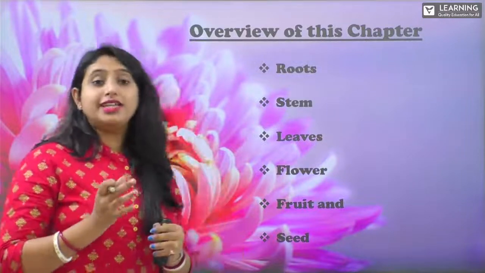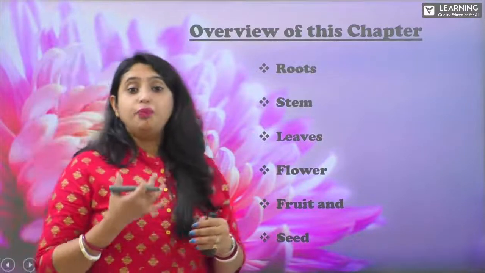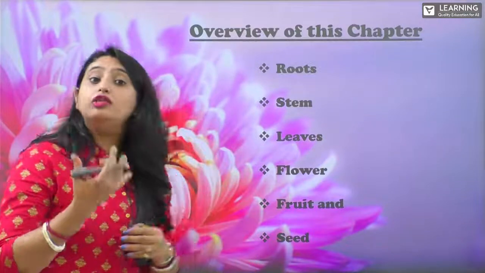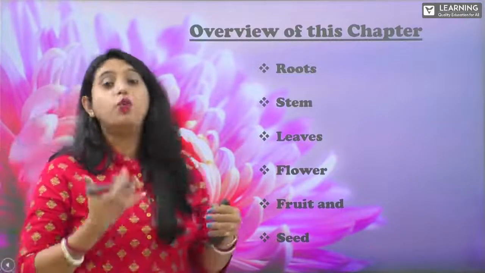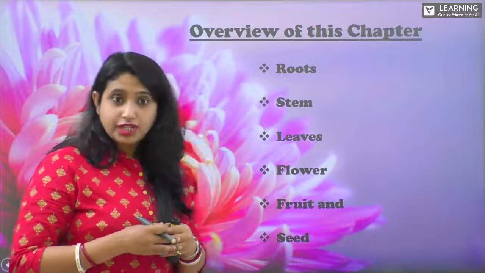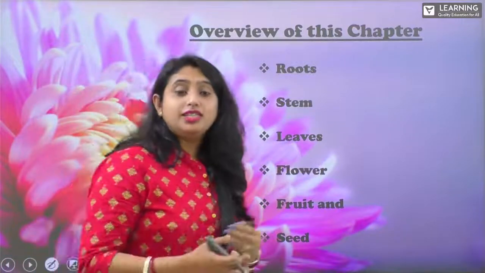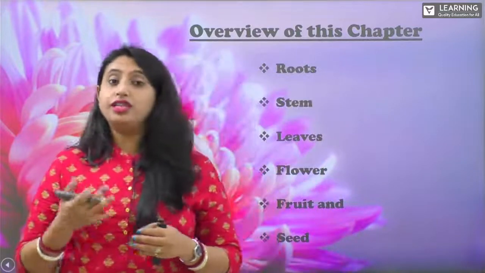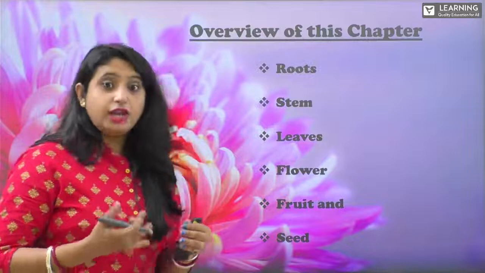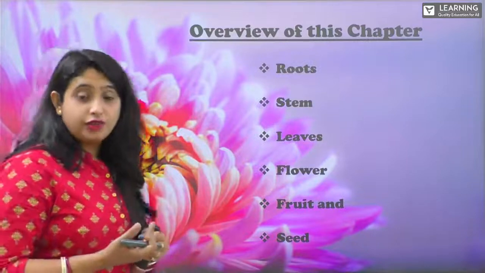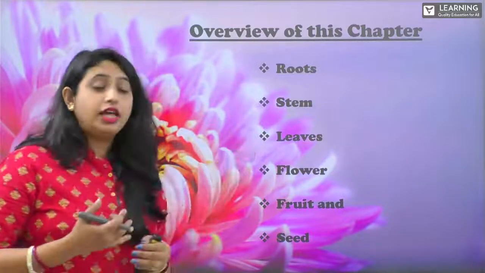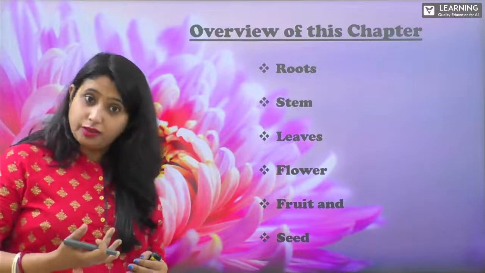What exactly is the stem? What are the various functions of the stem? How the stems modify themselves and why they modify themselves. The next thing is leaves. Under this, you will learn about the various types of leaves and the function of these leaves. You'll also learn why the leaves modify themselves.